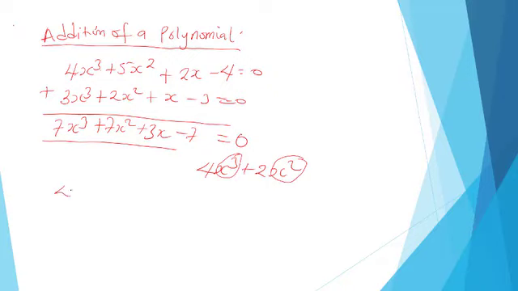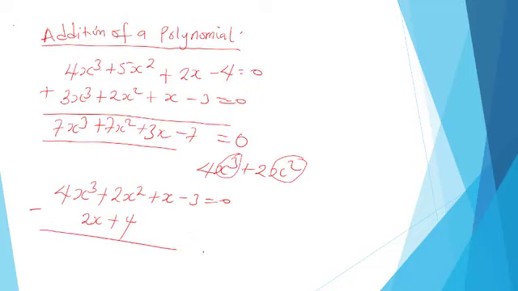and the same thing happens to subtraction. So if you want to perform 4x3 plus 2x2 plus x minus 3 equals 0, you want to subtract minus 2x plus 4 from this, your answer will still be 4x3. Since there's nothing to subtract, you bring it down, 4x3, no matter the position. 2x2, there's no 2x2 to subtract, you still have your 2x2.